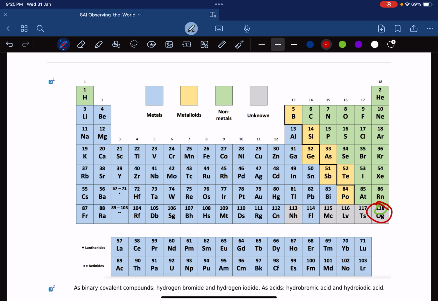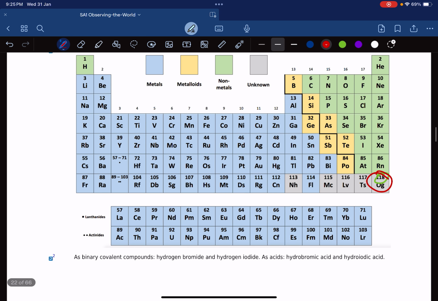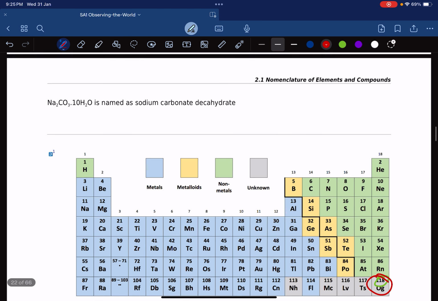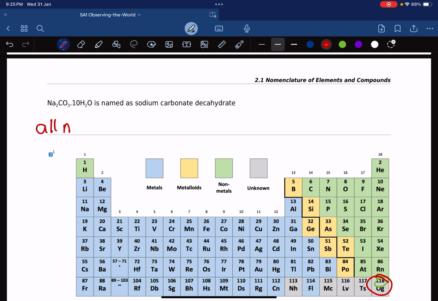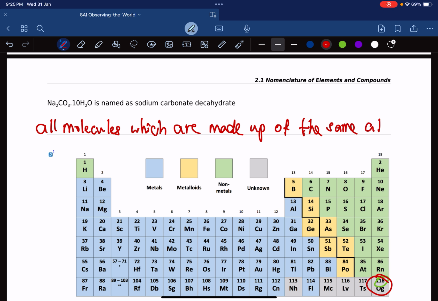So that's the first thing. The other things which are called elements are all molecules which are made up of the same atoms.